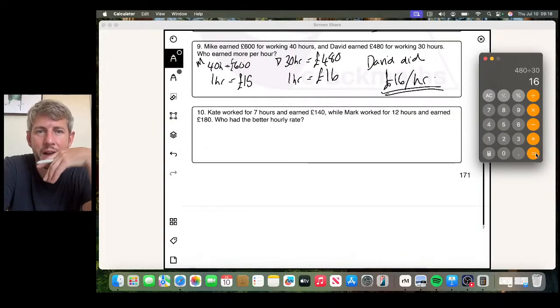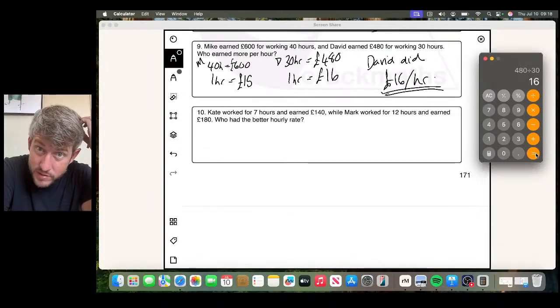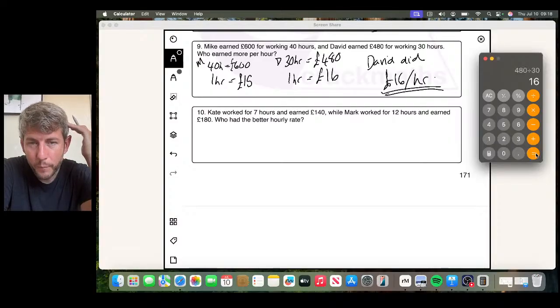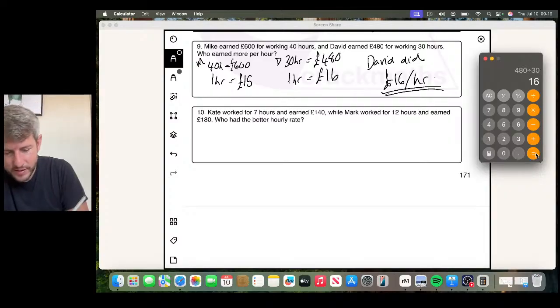Okay, last question. Kate worked for 7 hours and earned £140. Mark worked for 12 hours and earned £180. Who had the better hourly rate? Okay, so 7 hours equals £140. 1 hour equals £20.